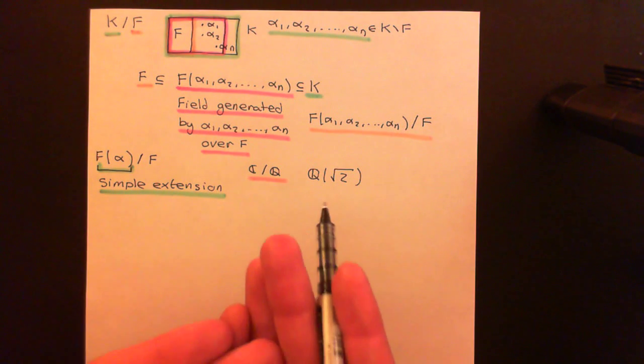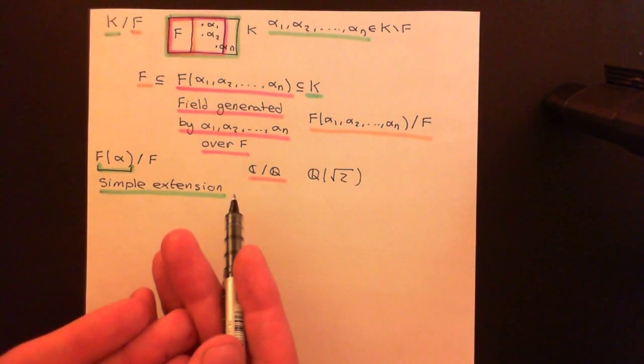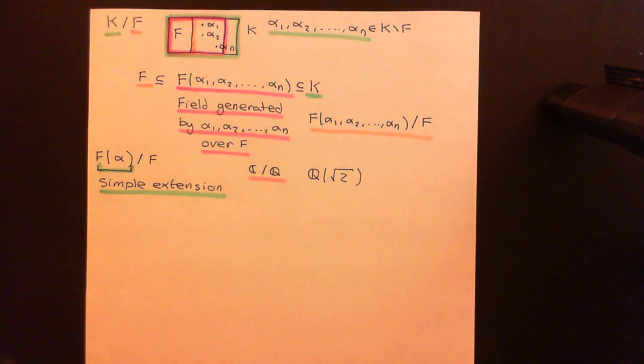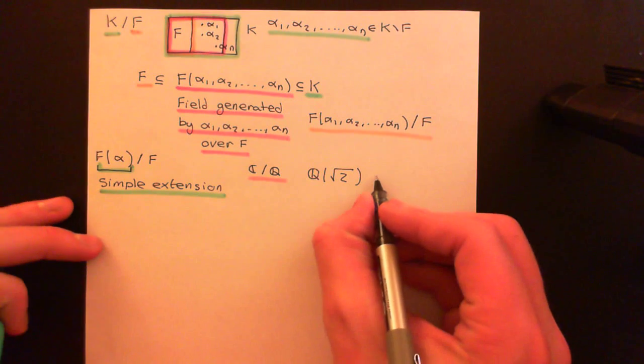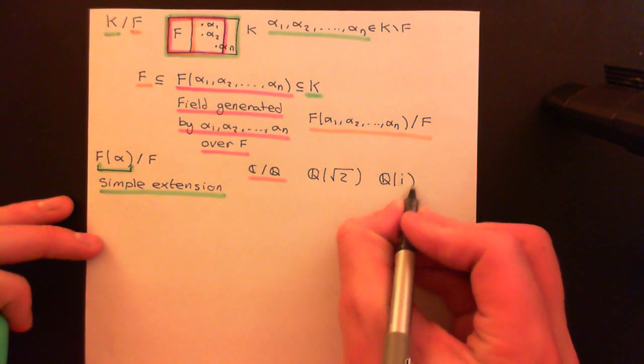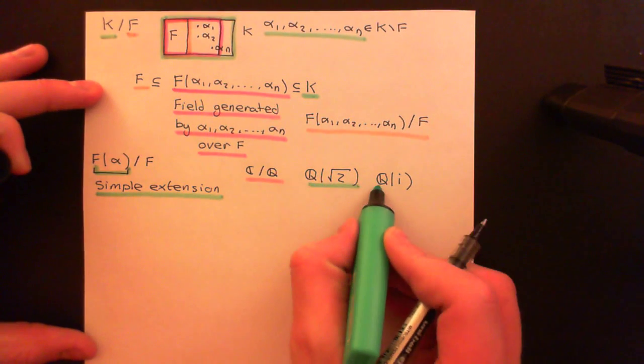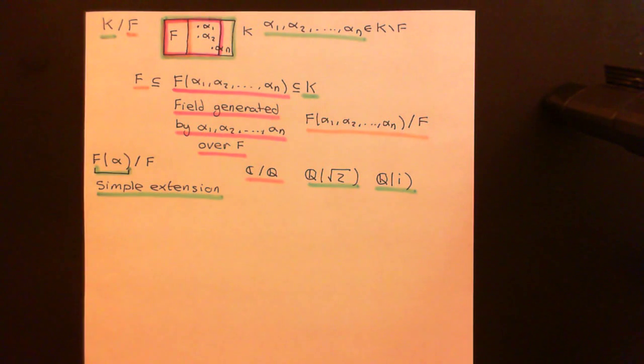This would be a simple extension of the rational numbers. It would be a field extension of the rational numbers, and because it's generated by a single element, it would be a simple extension. In addition, we could say, I'd quite like that imaginary number i. So we could build the field generated by the imaginary number i over the rational numbers. These are examples of simple extensions of the rational numbers.